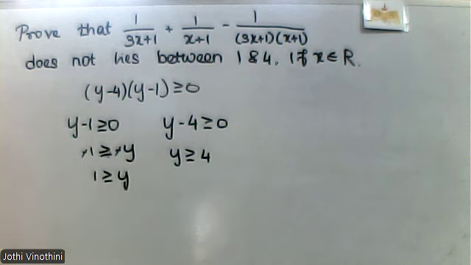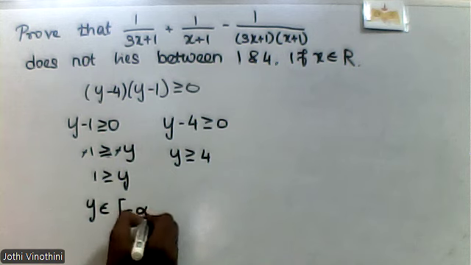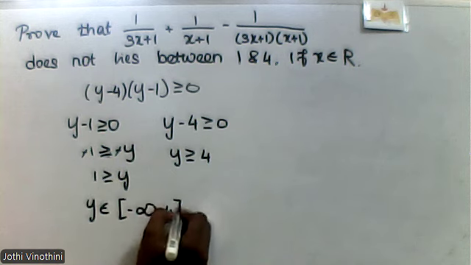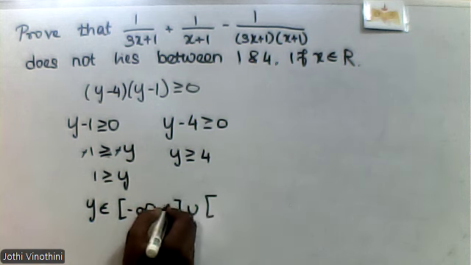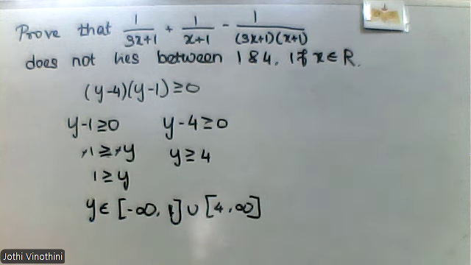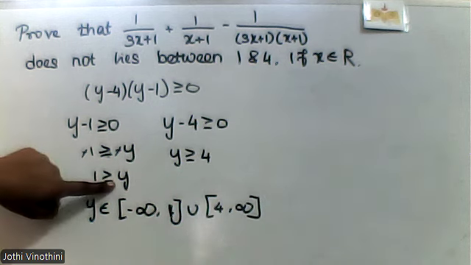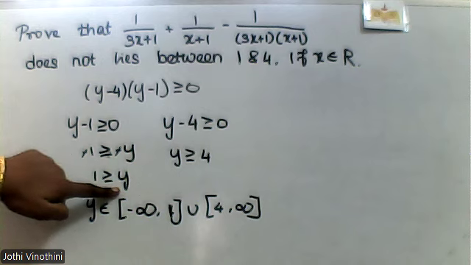So what must be the range? y must belong to minus infinity to 1, union 4 to infinity. See, what we know? We know y is less than or equal to 1, right?